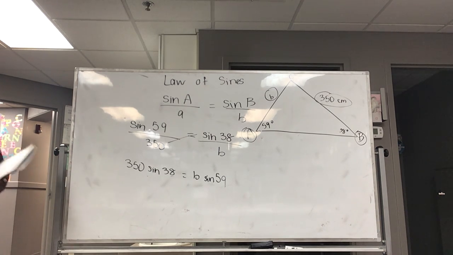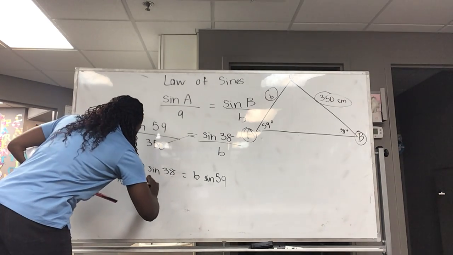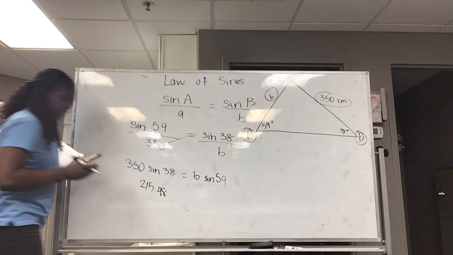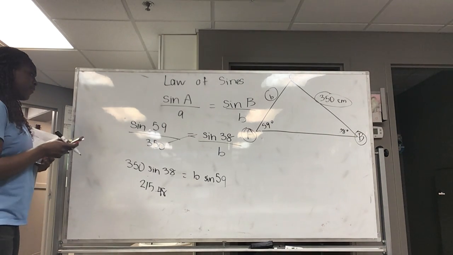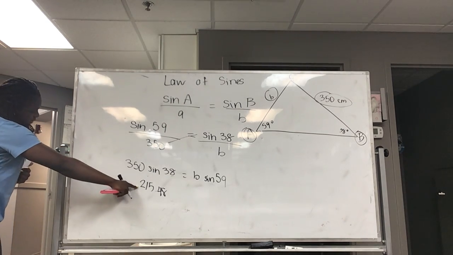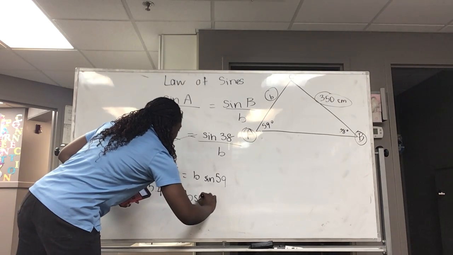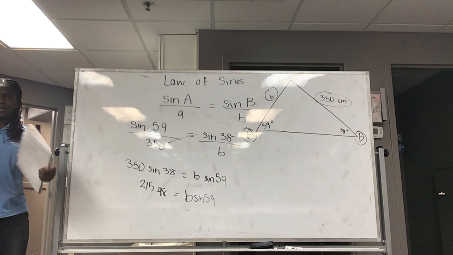215. Yeah, so around 215. I'm just gonna round it to 215.48, but if you leave the actual full thing in your calculator, that'll be helpful to get a more accurate answer. So 215.48 is equal to b sine of 59. Is everyone following along so far?